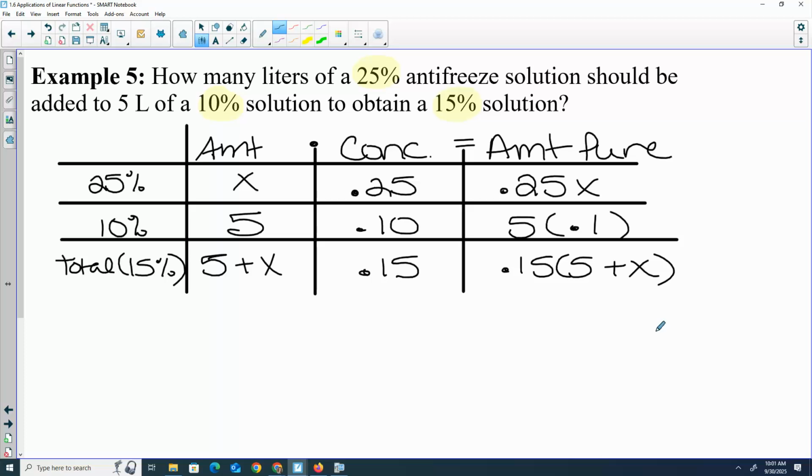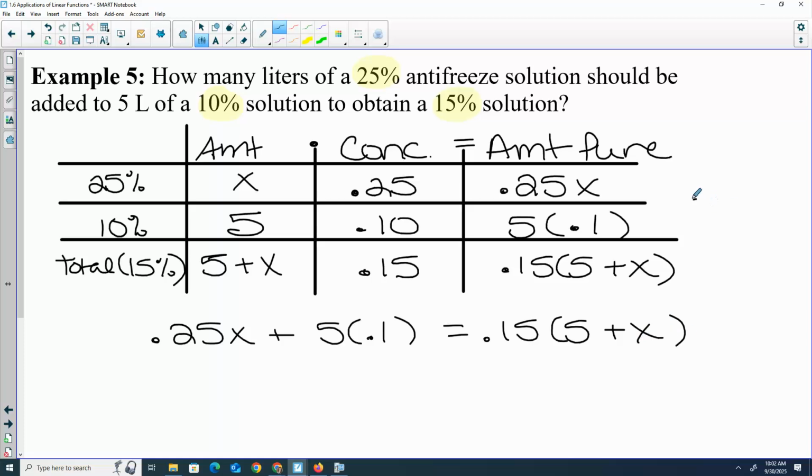And then, how do I write my equation? Always the first plus the second equals the total.